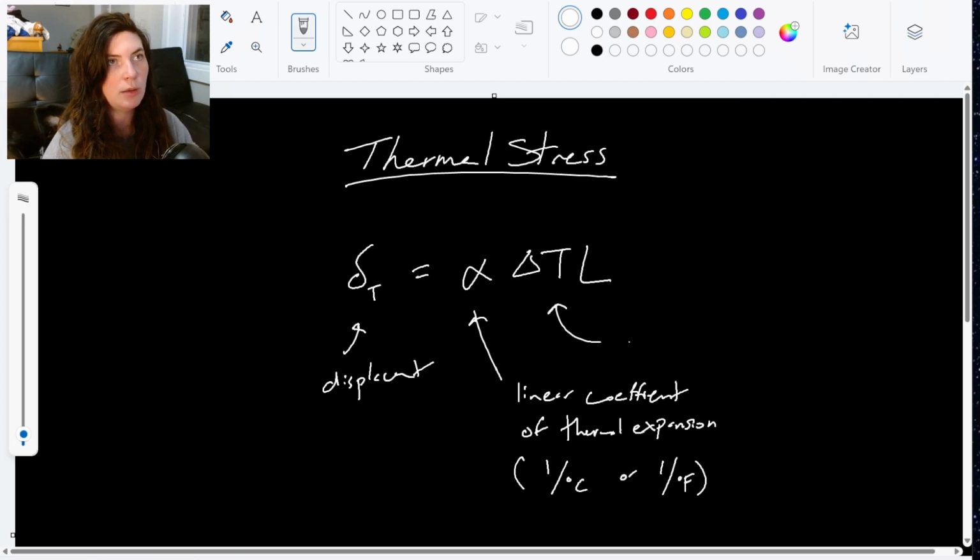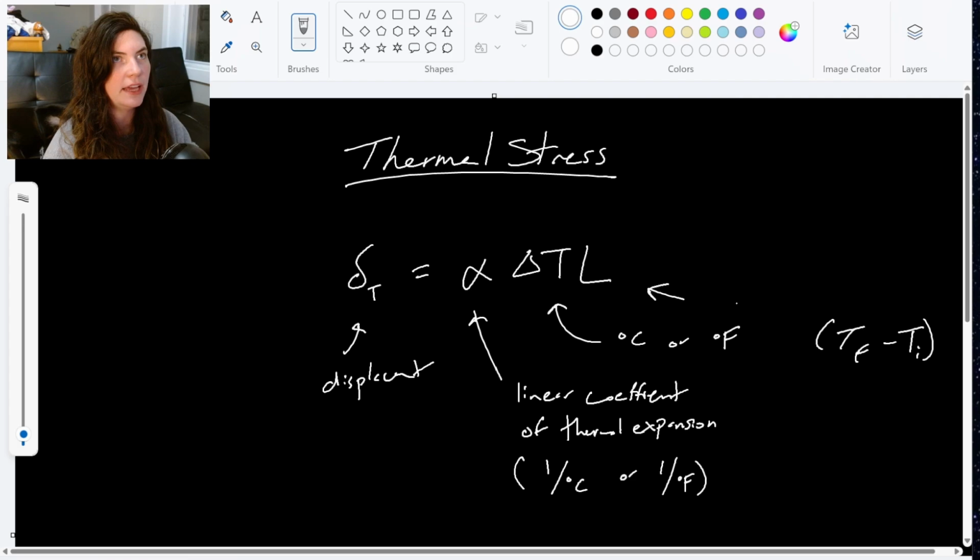Where our change in temperature is either going to be in degrees C or degrees F, depending on if we're in SI units or standard units, customary units, whatever system we happen to be working in. It'll just be that. We're not messing with Kelvin. We're gonna just leave him alone. We're just working in degrees C or degrees F for your change in temperature, which of course change in temperature is your final temperature minus your initial temperature.